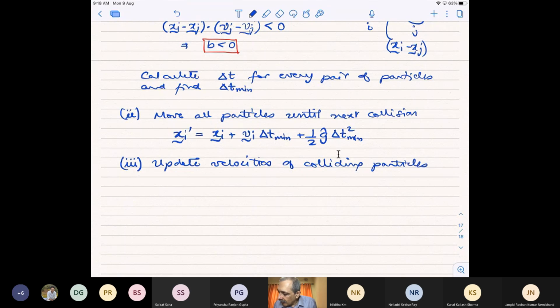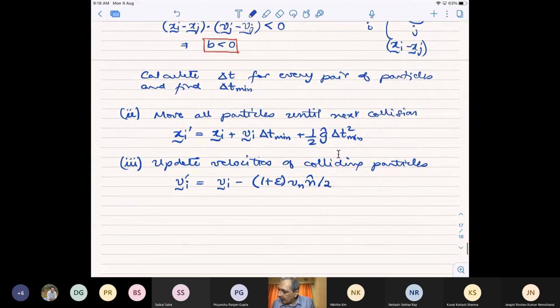And this we have seen already. We did some simple calculations to show what the velocities are after a collision when the coefficient of restitution is epsilon. So then this can be simply written as follows.